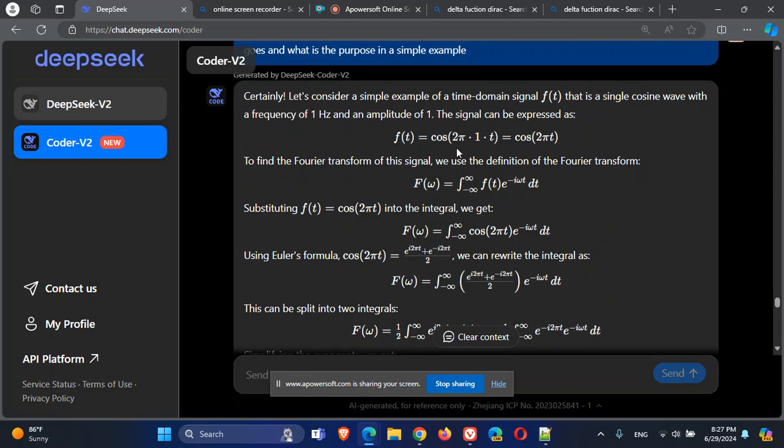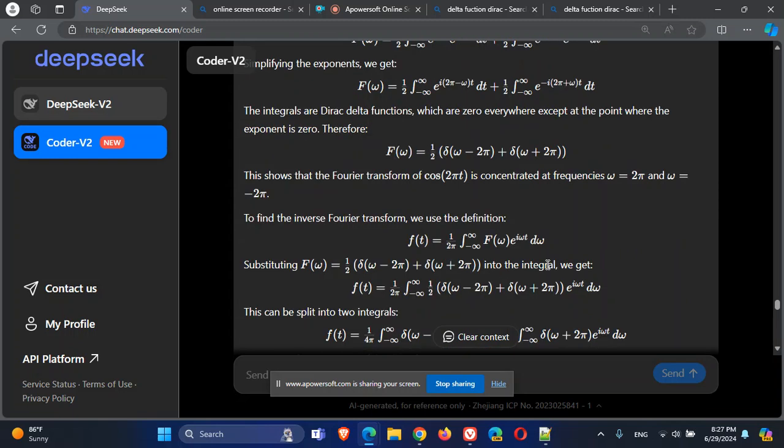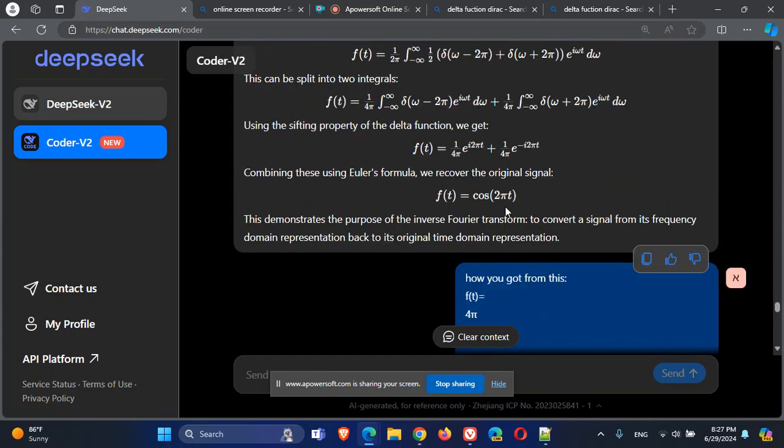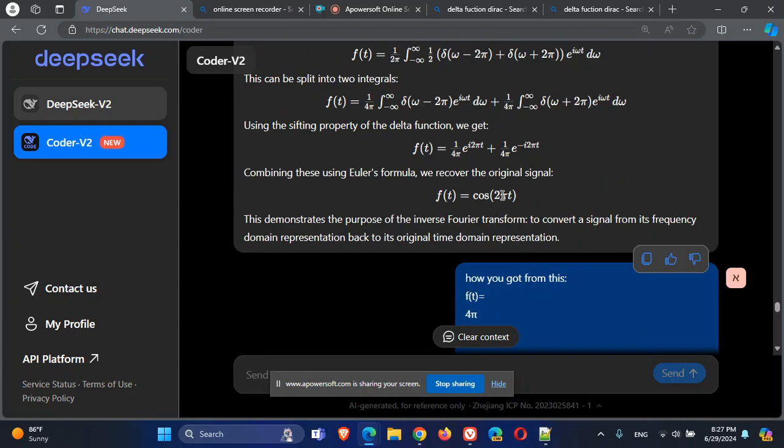So we changed our function from the time domain to the frequency domain. Now, what we are going to do is take the Fourier transform, the function in the frequency domain, and using the inverse Fourier transform, we will convert it back to the time domain. So we will get back our function.